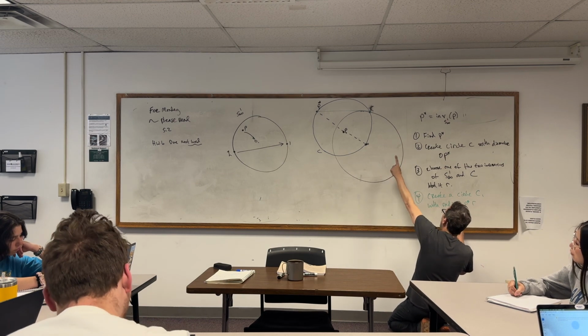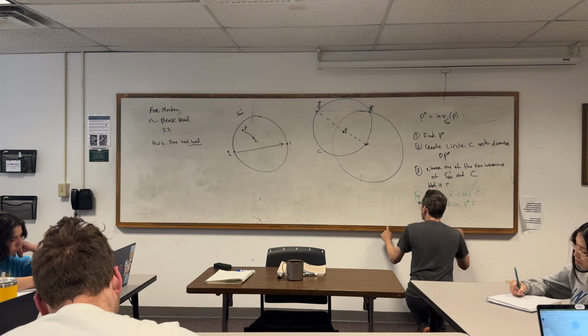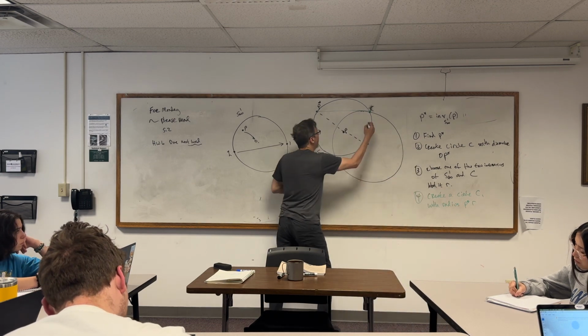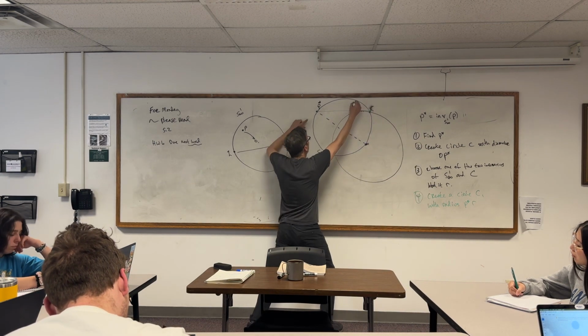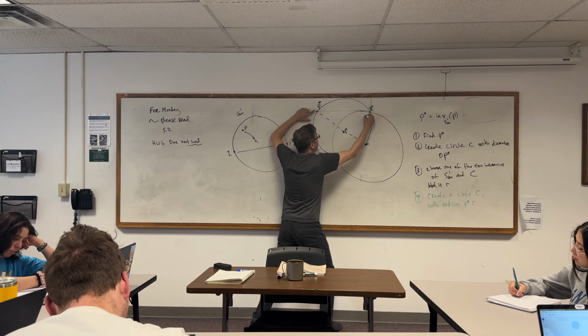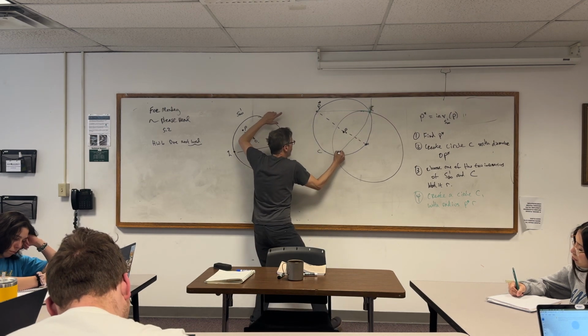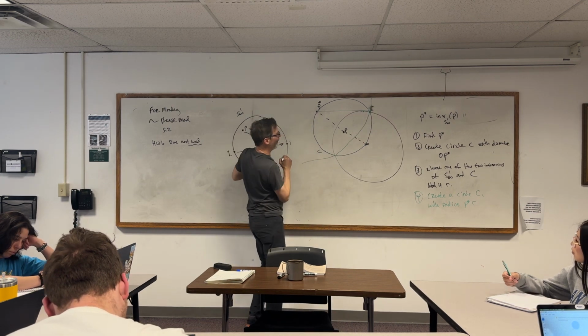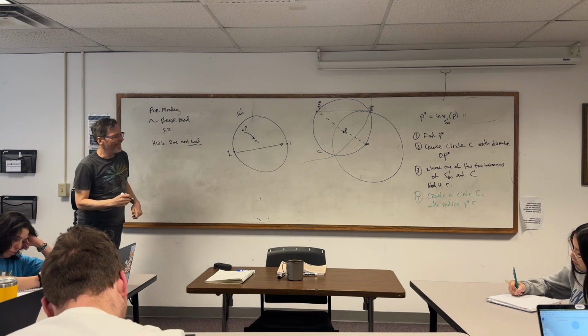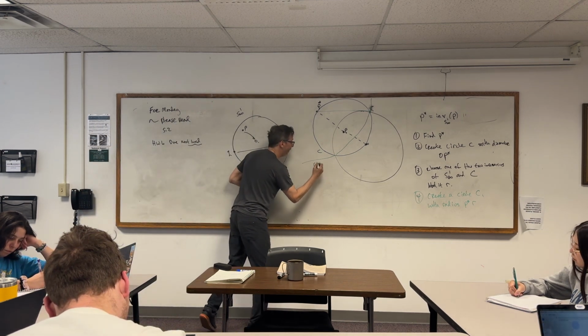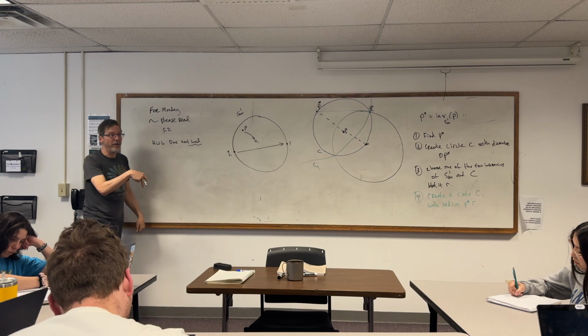I just drew the radius right there, but I'm going to actually want to keep it. Then I create a circle, and if things go well, it'll go through the other intersection as well. So that's going to be C1, and that's the circle we want.